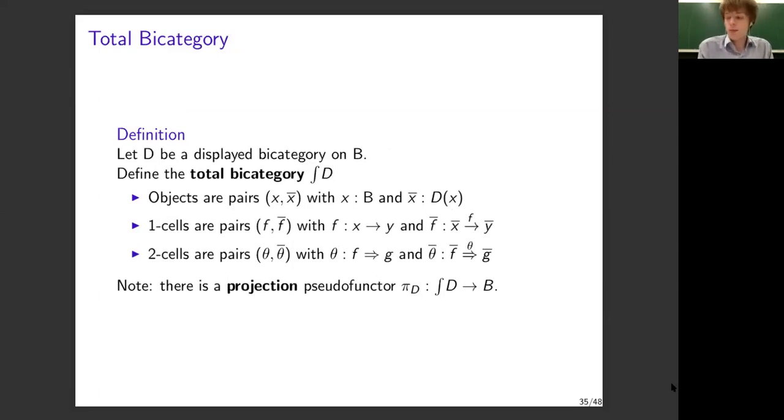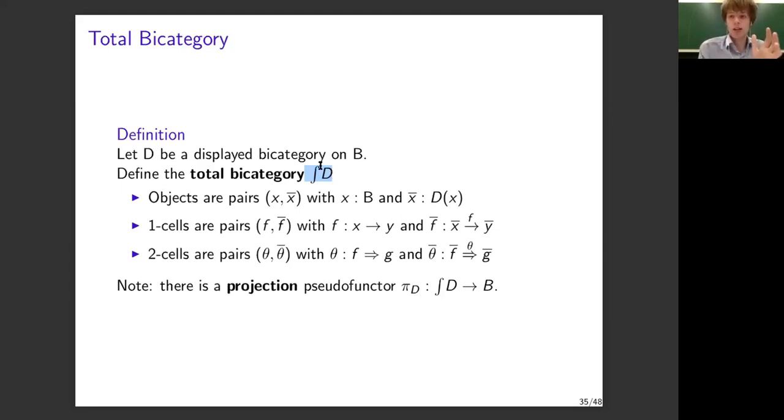One of the important points of displayed bicategories is that they give rise to total bicategories. So in this picture, it would be as follows. B is the bicategory of one-types. D represents algebra structures over one-types. And total D would then be the bicategory of algebras. What is an algebra?